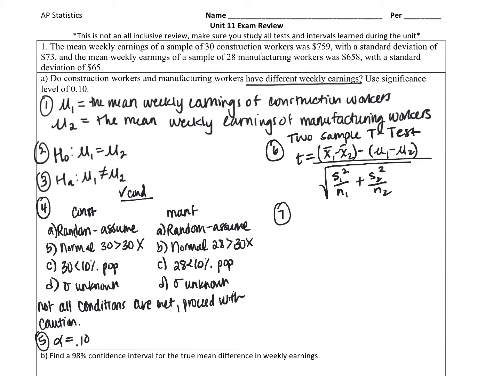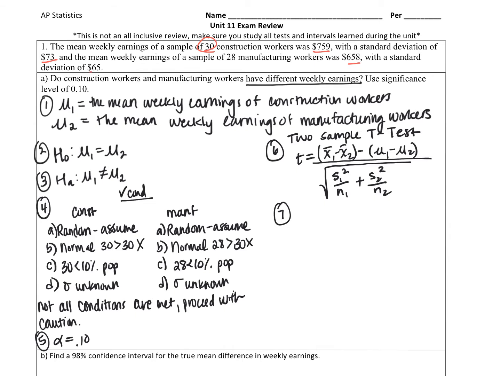X bar sub 1 is going to be 759. S sub x1 is going to be 73. And n1 is 30. X bar sub 2 is 658.